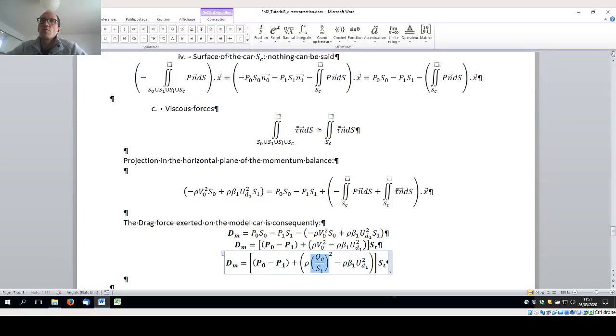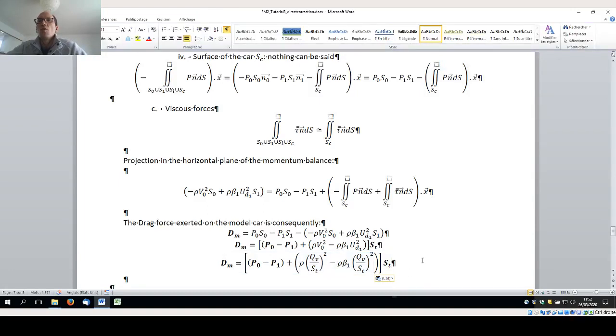So actually the mean velocity in the outlet is the same, it's still QV over ST. So this means we can even simplify.